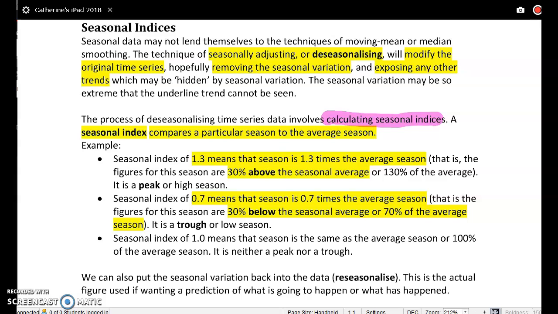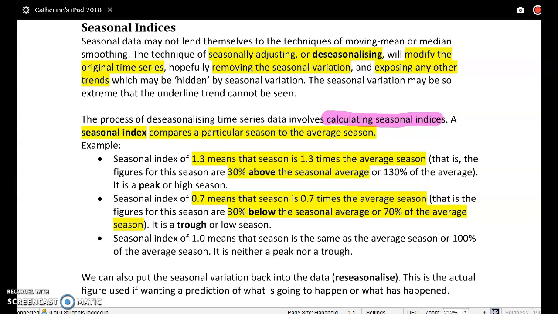So we think about what is happening in the season we're looking at, and compare it to what happens on average. Does it perform more? Is it higher than an average season, or is it less than an average season? Well, it's that comparison that gives us our seasonal index.